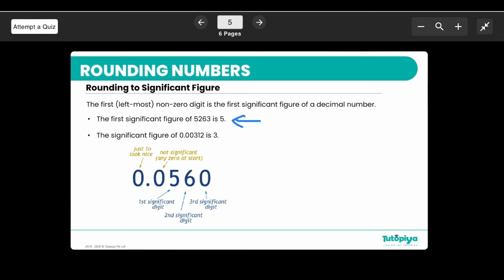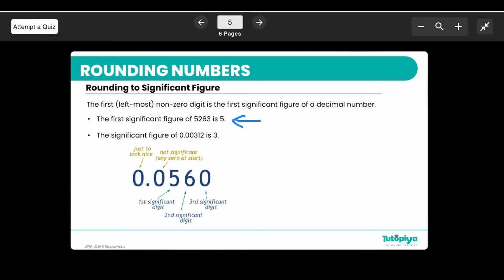But if you have a decimal value such as 0.00312, then the 3 is considered the first significant figure. Basically the first non-zero digit that you see is considered the first significant figure, right? And of course the second would be the one after that, and the third would be the one after that.